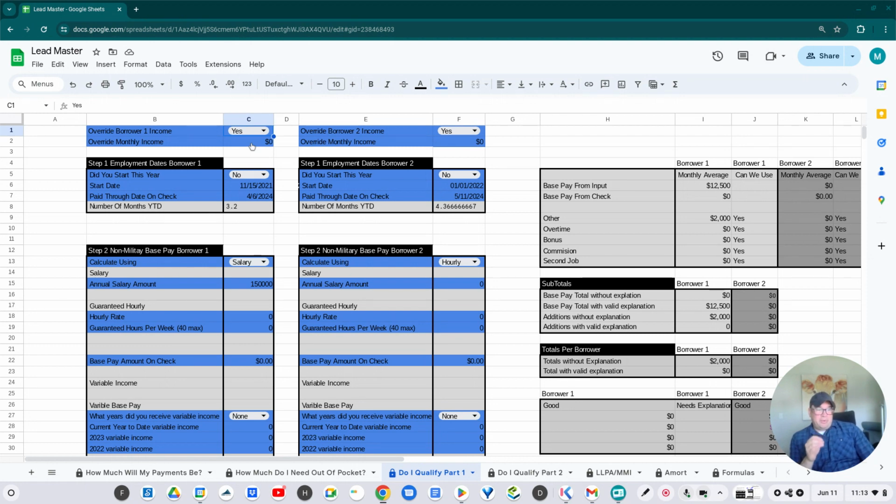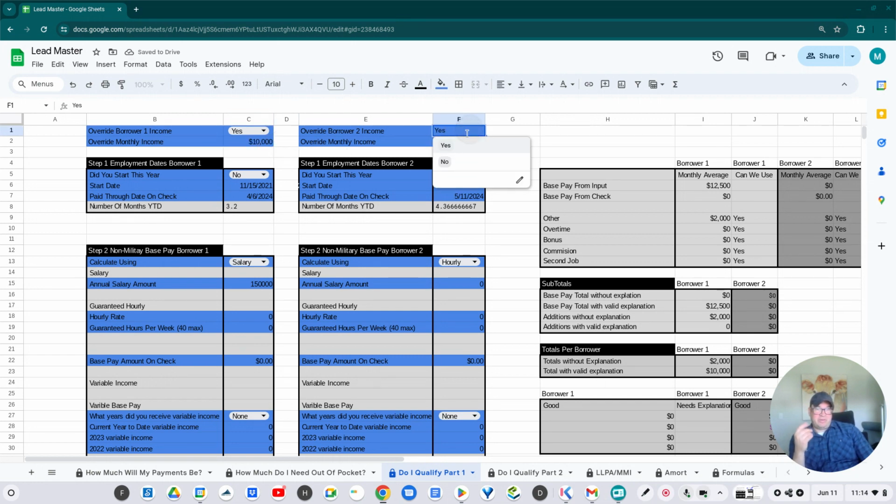And then you can put in your total monthly income for yourself and for a second borrower. But you have to make sure you pick override and click yes. So for example, if I made $120,000 a year, which is $10,000 a month, I could put yes and put $10,000. And this is per month income, not per year.